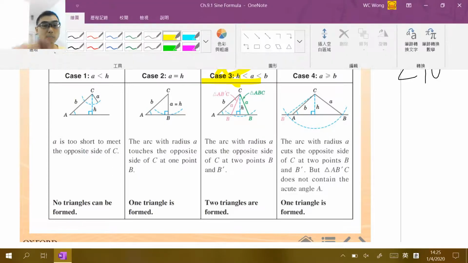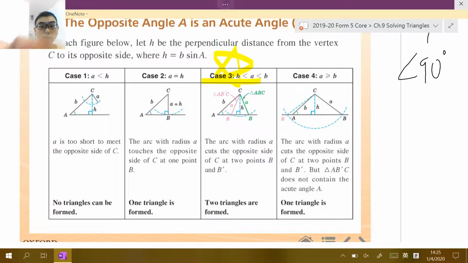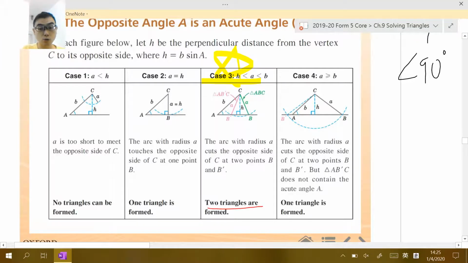Do remember that this third one tells you a very important thing: because you fix only the angle A and the length, you may have a different angle B. If I alter the length A to the other side, this case gives you two solutions or two values, but all the others give you one value or no value.